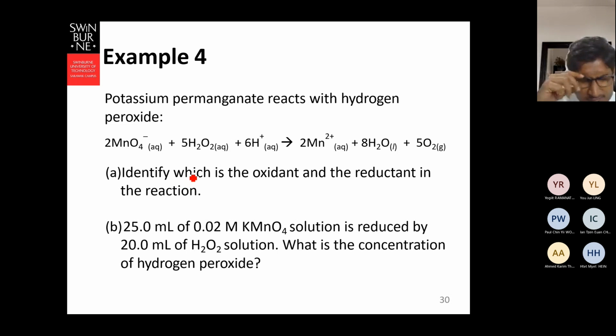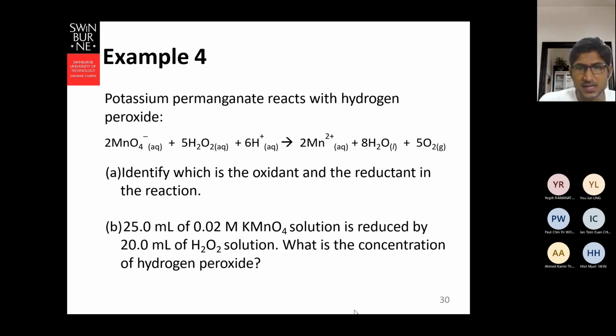Hydrogen peroxide is used for what? Anybody? Why do you use the bleach? The same purpose. Disinfection. As a disinfectant we use it, or for color removal. Yeah, but there is a name for this actually. What do you call it?